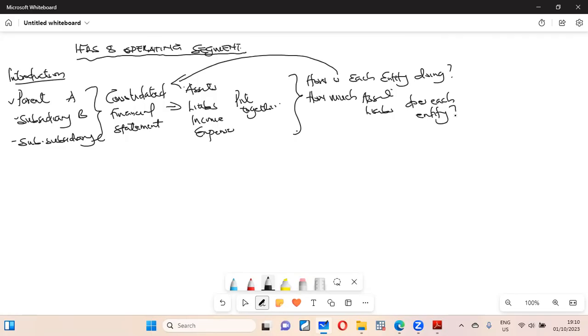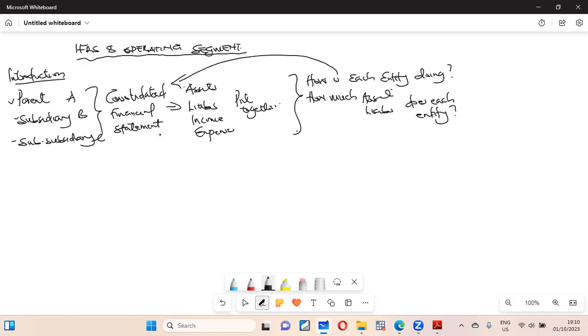It's a question we need to ask ourselves, because we have prepared a consolidated financial statement. It is in exams that you have the parent and subsidiary. You see in the financial statement, 20,000 of company A's asset plus 50,000 of company B's asset, then you get 70,000 and you write. This is in exams that it is like that.